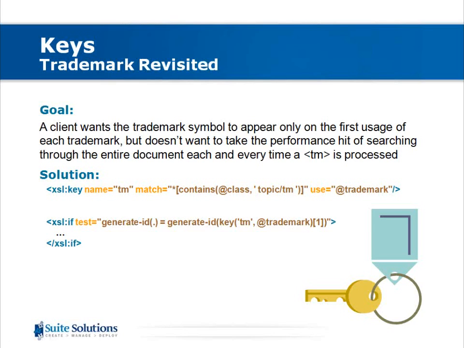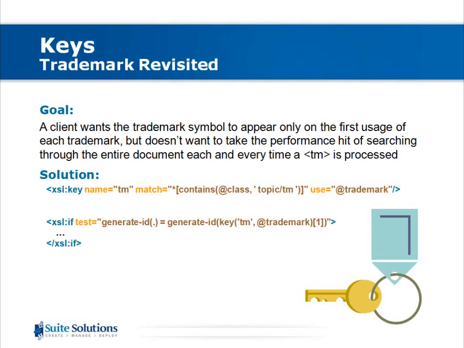Now, to get back to the generate-id aspect here, you can't really directly compare nodes. But what you can do is directly compare the unique IDs that can be generated from those. The generate-id function generates a unique ID for any particular node based on a number of different factors. And therefore, no two nodes, theoretically, within your document will have the same uniquely generated ID.